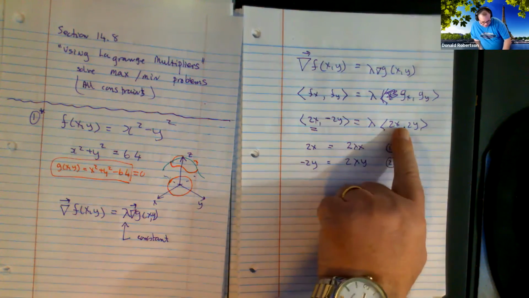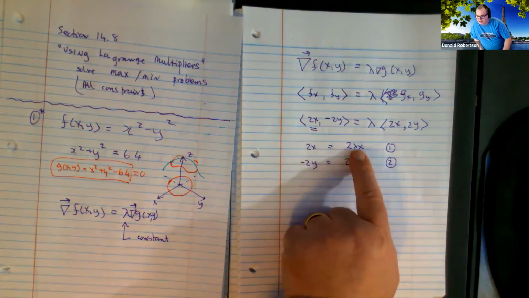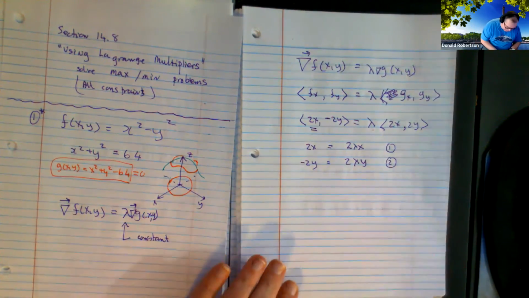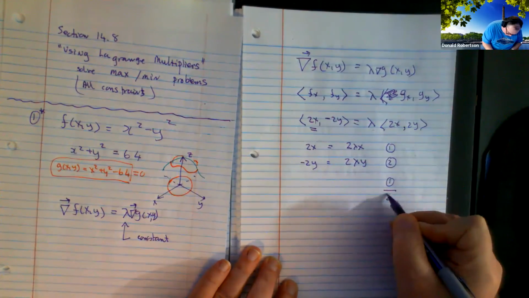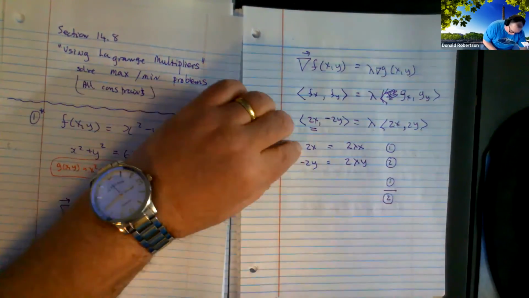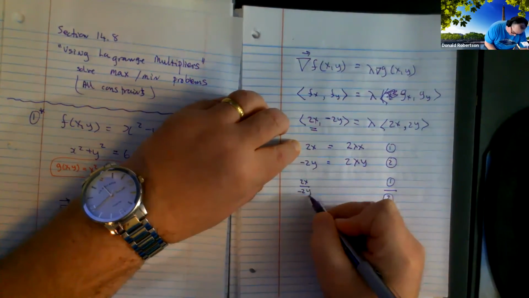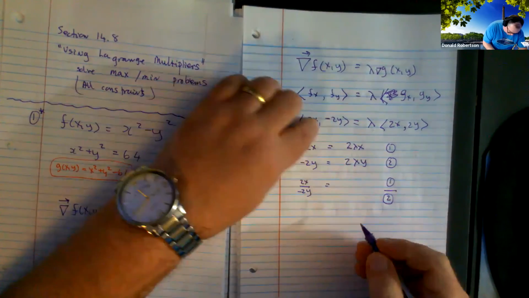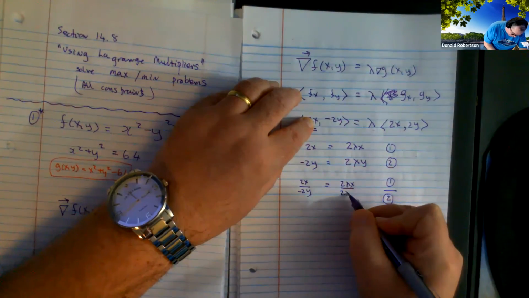Do you notice that these are always going to have lambdas in them because it's lambda times something? If you take equation 1 and divide it by equation 2, watch what happens. You get 2x over that, and you get 2 lambda x over 2 lambda y.